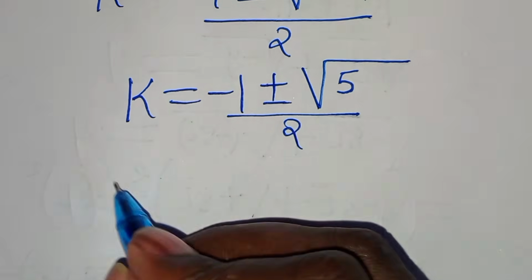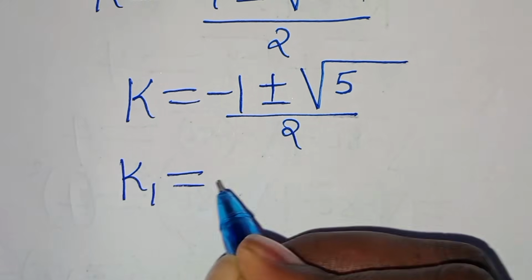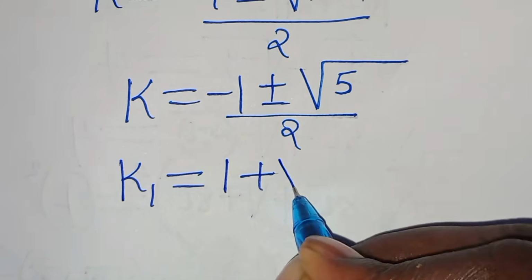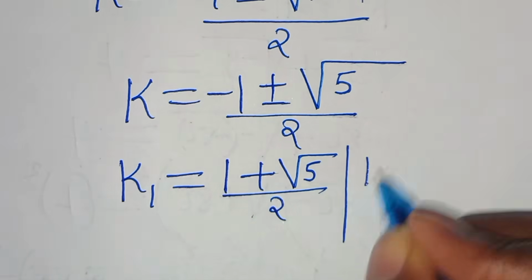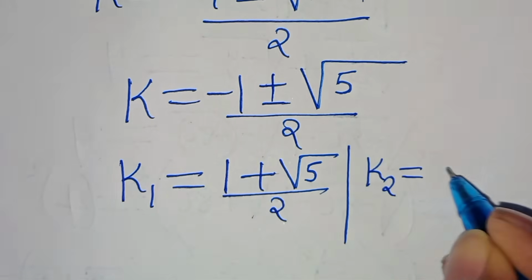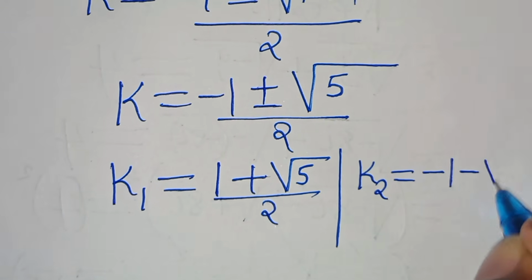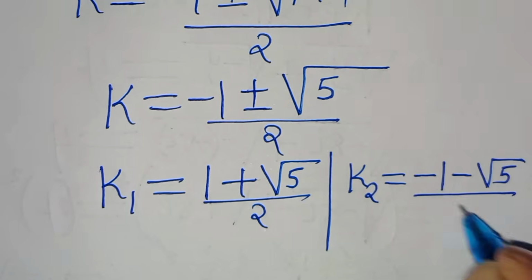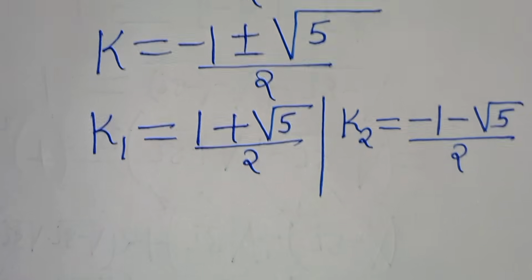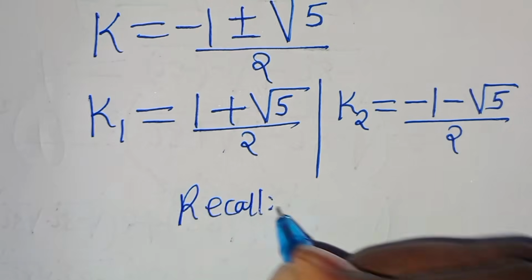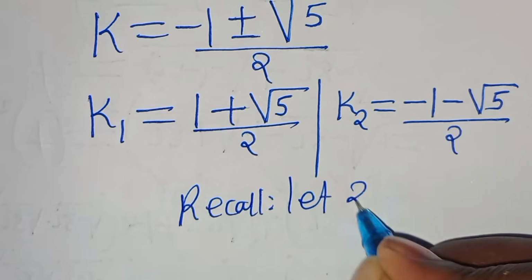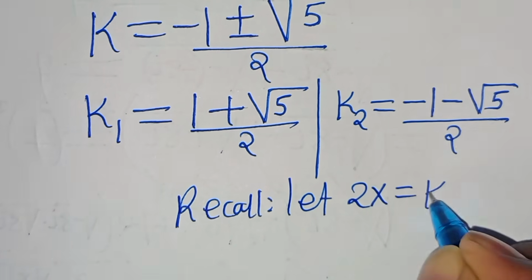Now we have two values of k. We have k1 equal to negative 1 plus square root of 5 divided by 2. And then we have k2, which is equal to negative 1 minus square root of 5 divided by 2. Now, again, if you recall, we let 2x be equal to k.